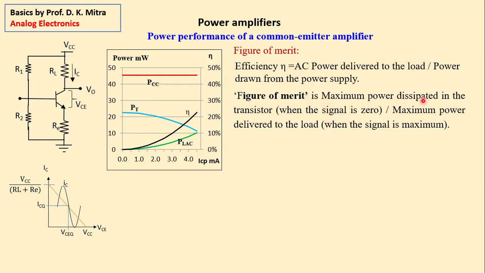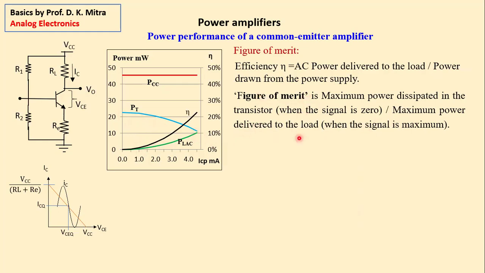The maximum power dissipated in the transistor, this blue line when the signal is zero, divided by the maximum power delivered to the load, that is when the signal is maximum, is called a figure of merit.